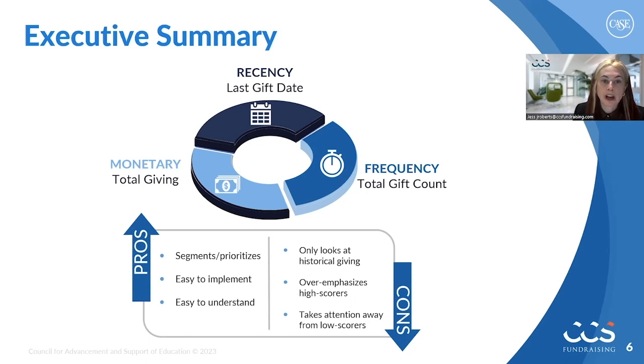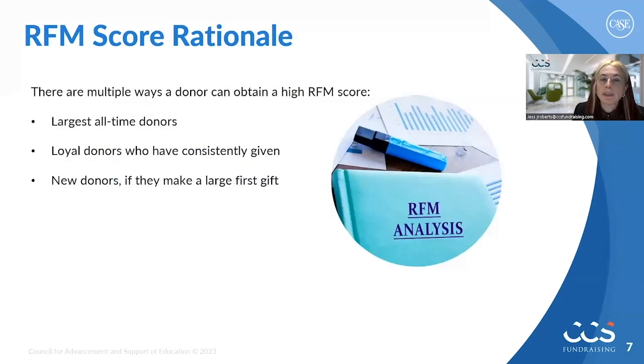Moving on to the cons. Although it's a great starting off point, it does not provide the full picture. It does not take into account certain behaviors such as volunteering and event attendance. And although someone might have a low RFM score, they might be worth engaging because of interest in attending events, for example.